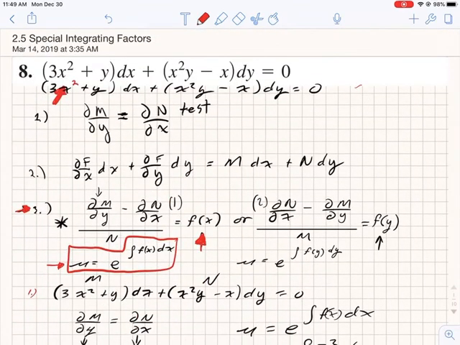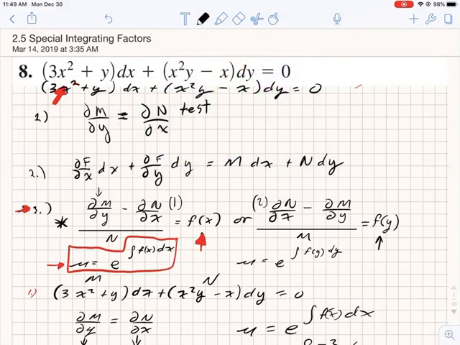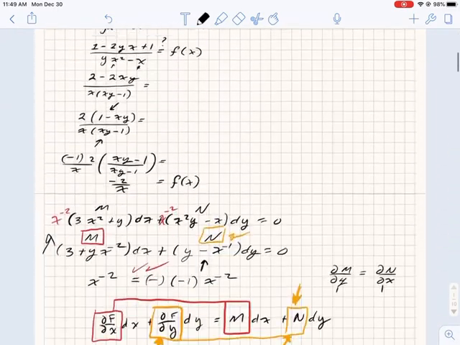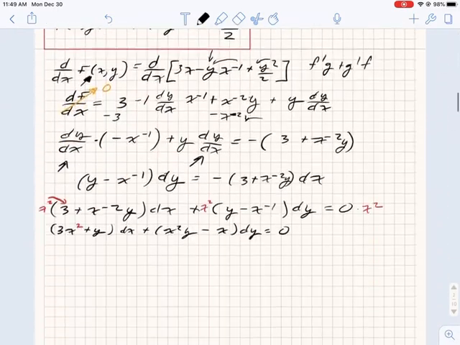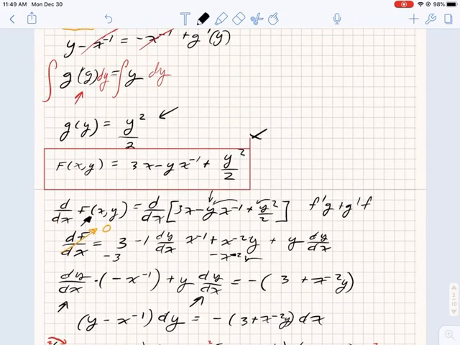So it looks like we did everything correctly, except for this x squared right here. And if we look at what we started with, it looks identical to everything else. So we have confirmed that this is the solution to the differential equation.